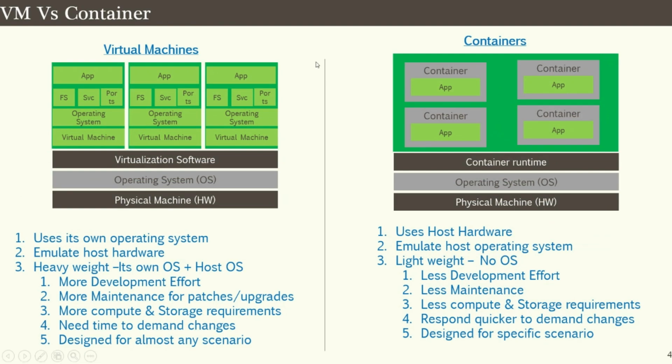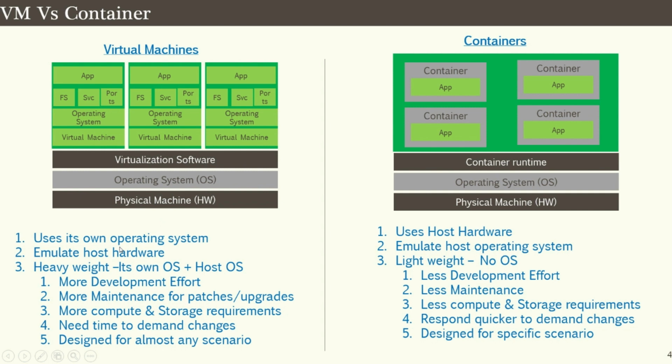Now, how do containers differ from virtual machines? That is, virtual machines versus containers. Containers and virtual machines both provide a way to isolate and run applications in their own environment, but they differ in different ways.